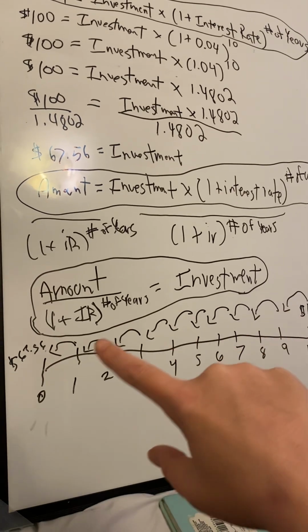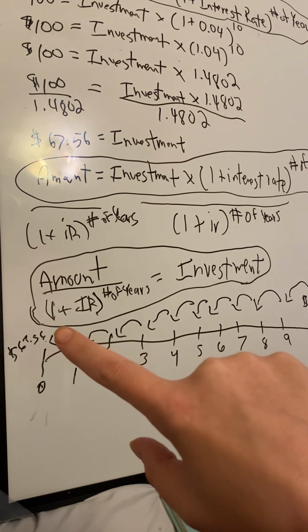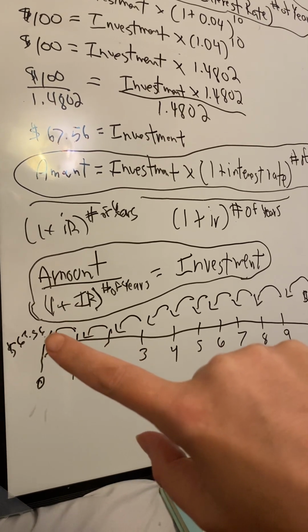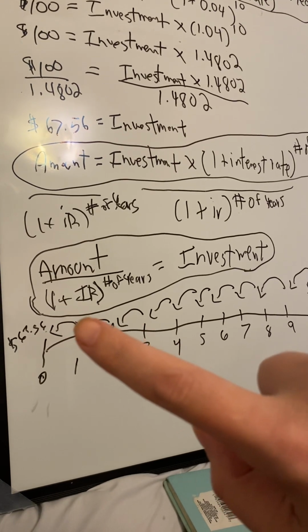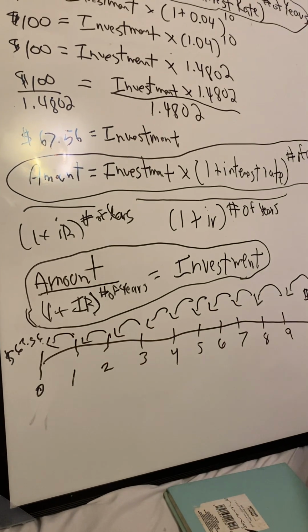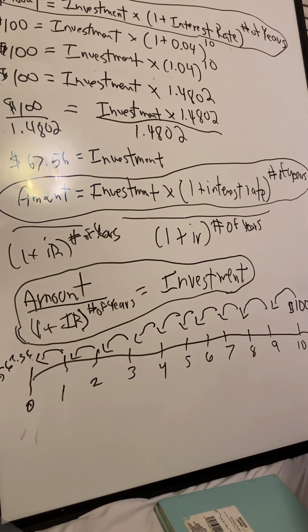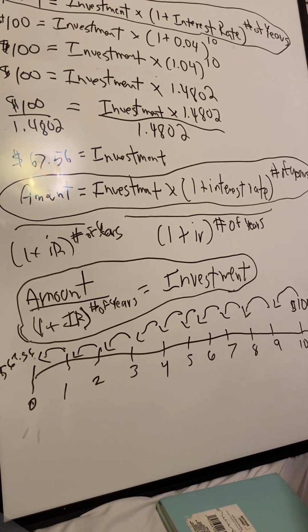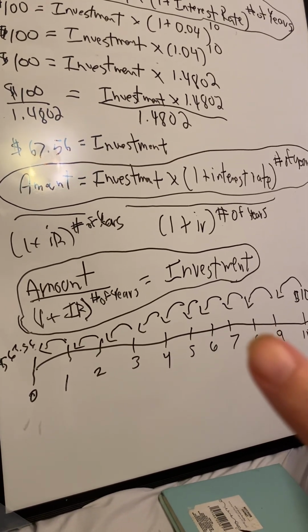So before, when we had an initial amount and we were going forwards, we're multiplying the amount by 1 plus the interest rate for each year. But now, since we're going backwards, instead of multiplying, we're actually dividing the 100 by 1 plus the interest rate for each of the years we're going back.